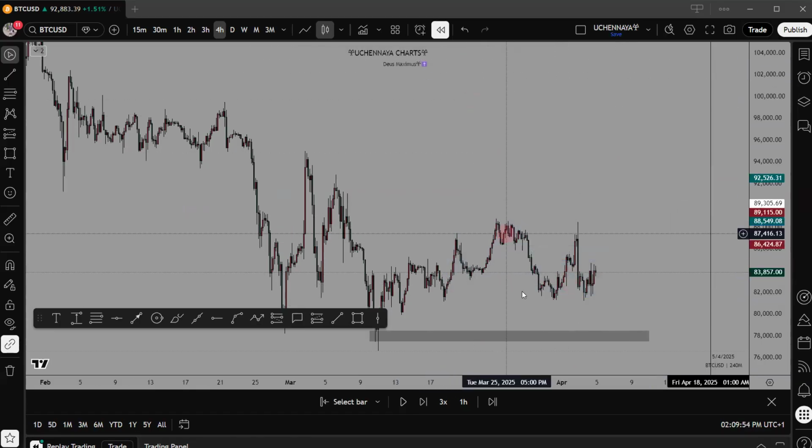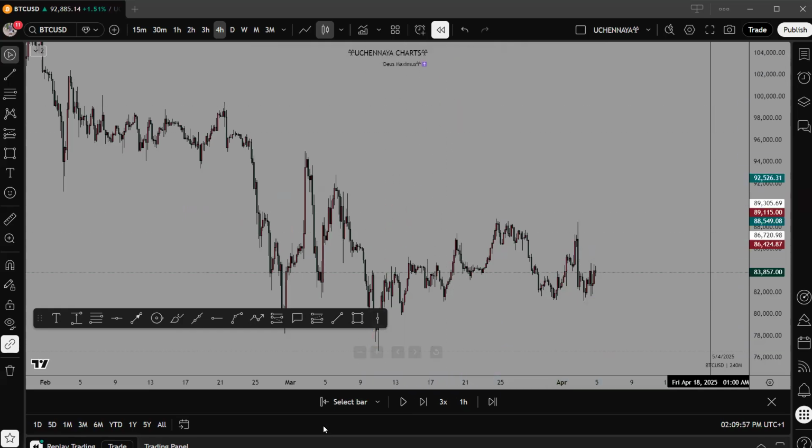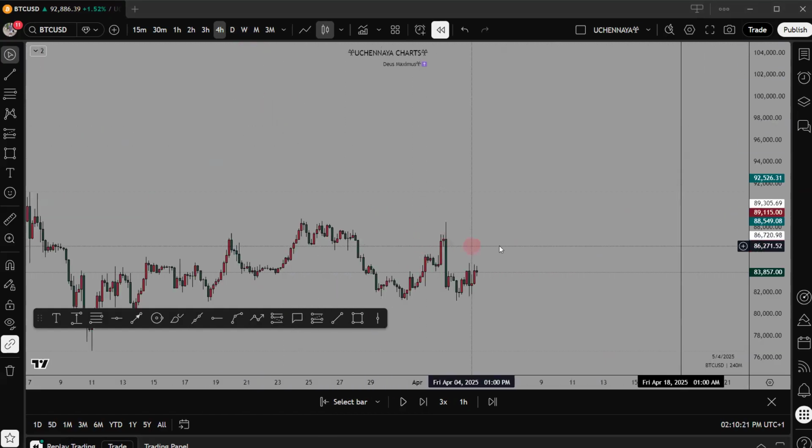Yeah, I thought that, looking at that rejection, it's going to use the QM method to continue downward. Why do you think it will use the QM method?